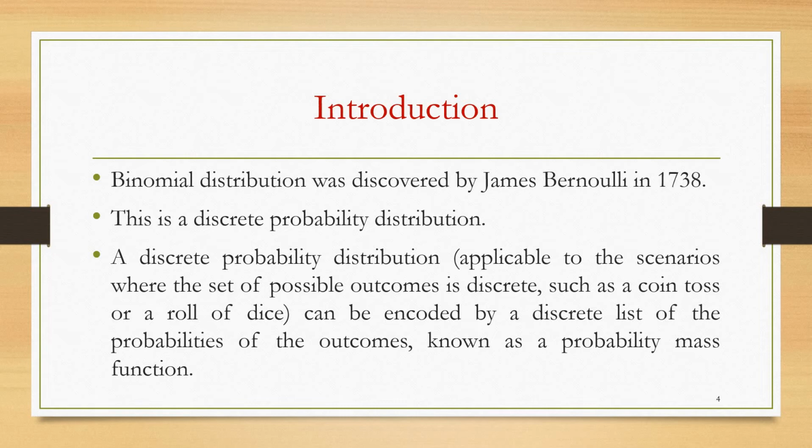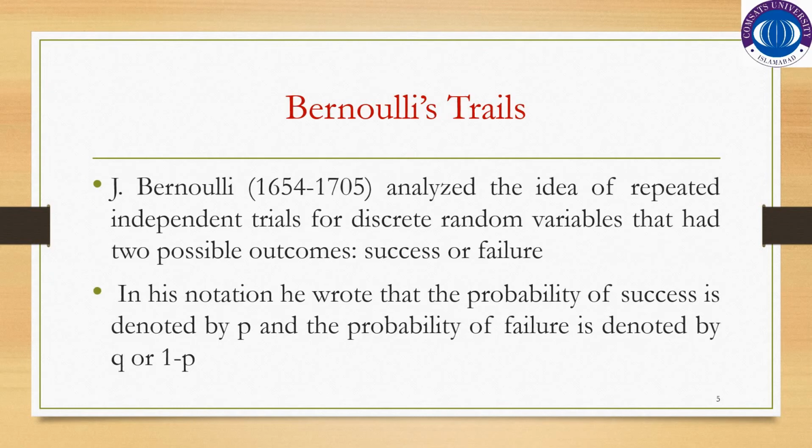So the probability distribution of discrete random variable is discrete probability distribution. Now we have some assumptions, some scenarios. When they are fulfilled, we say that that experiment is actually the binomial experiment. We will study. First, we will see what is Bernoulli Trials.